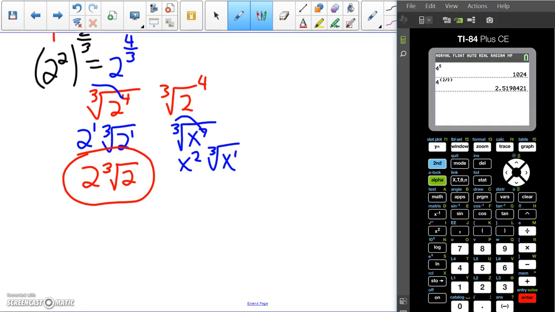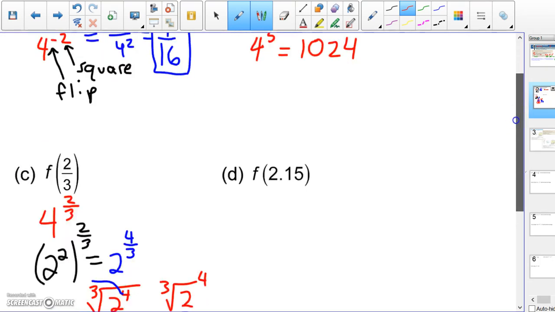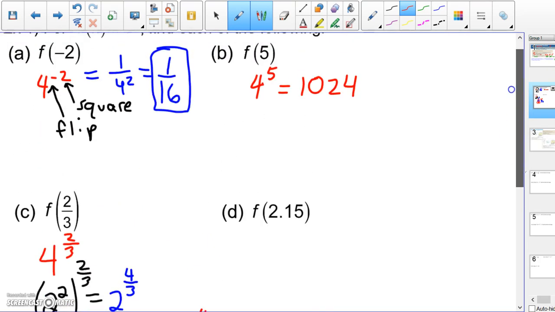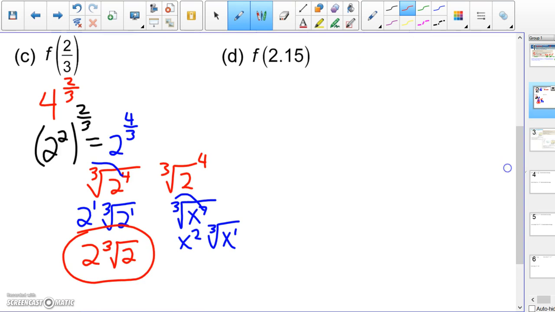And so we can kind of check that out if we do 2 times 2. I like to do it to the 1/3 power. To the 1/3. I think that's the easiest way to enter a cube root. 2 times the cube root of 2. Same thing. Okay, so we're good. F of 2.15. So you have 4 to the 2.15.